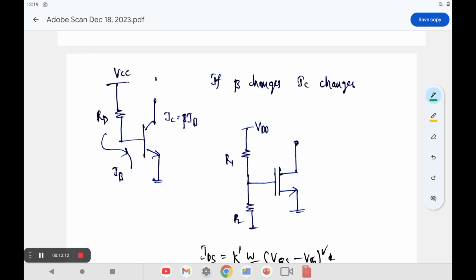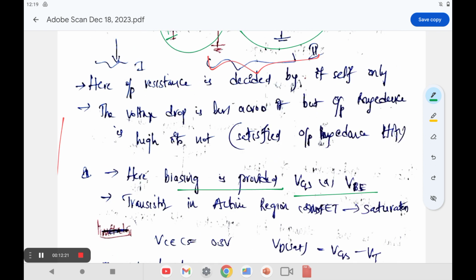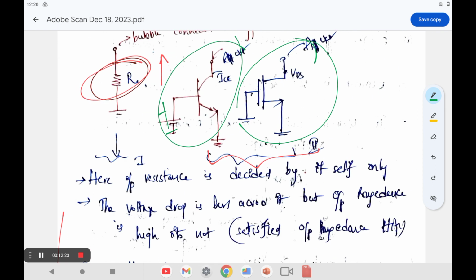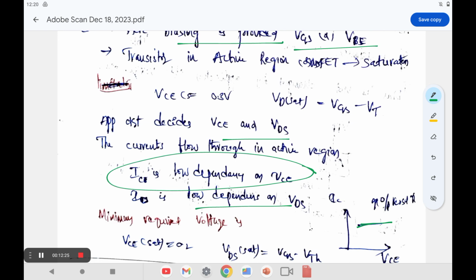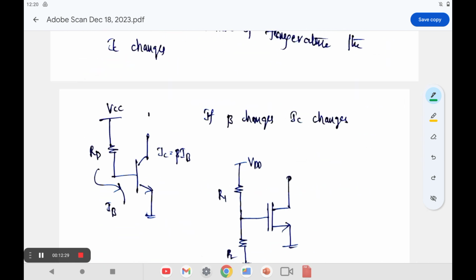So for that purpose, I will take one more circuit, the circuit which has some resistance value. Instead of directly replacing the circuit, I provided some biasing with biasing elements like RD and IB.